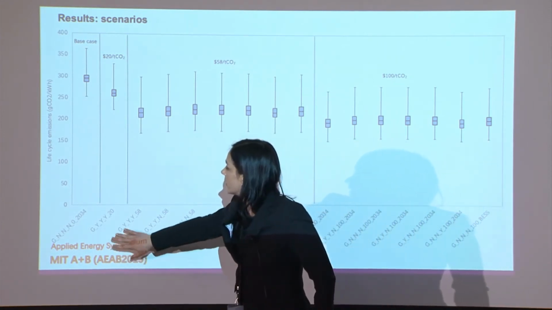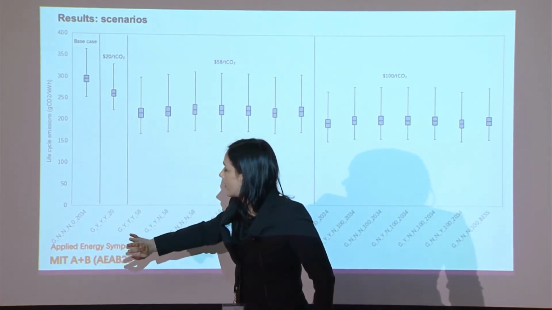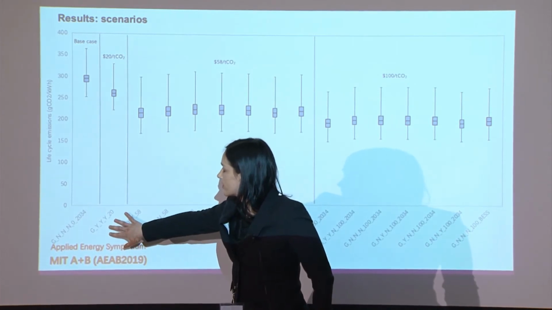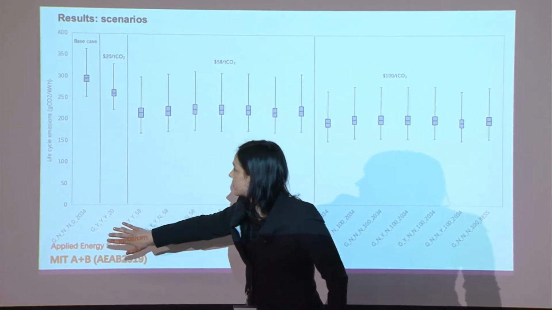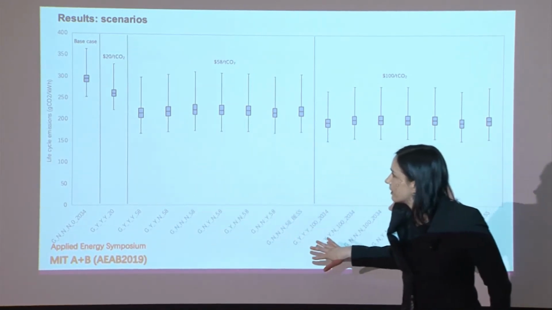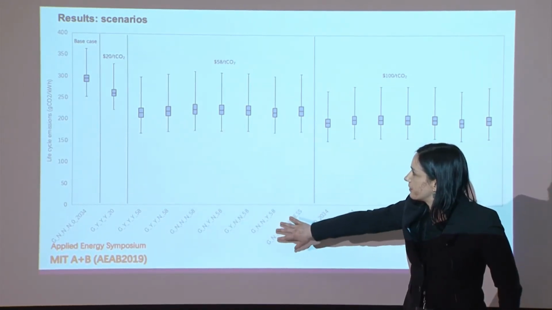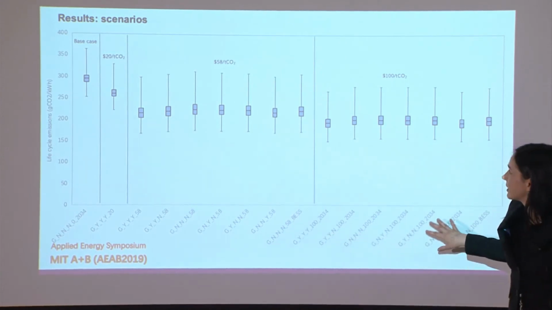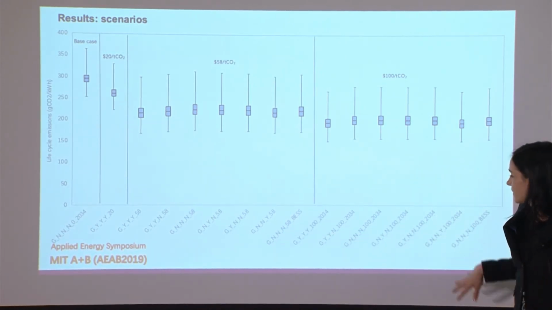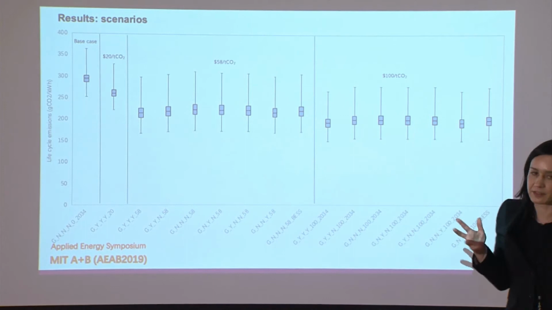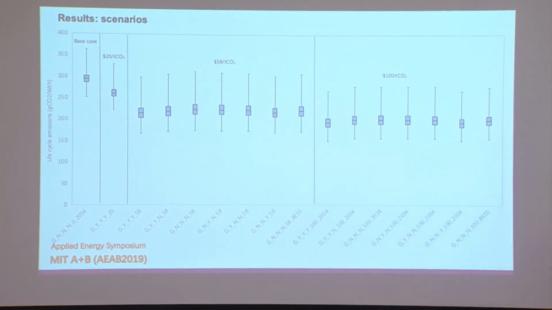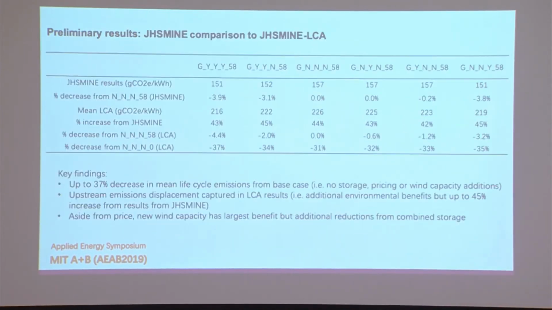And then in this case, you have applications of storage as well, both types of storage, as well as the wind under a $20 a ton carbon price, and then $58 a ton, and $100 per ton of carbon dioxide price. And then what you can see is subtle differences among the technologies that are applied, but really driving different behavior from the carbon prices.